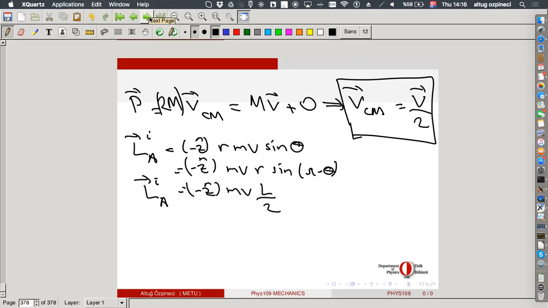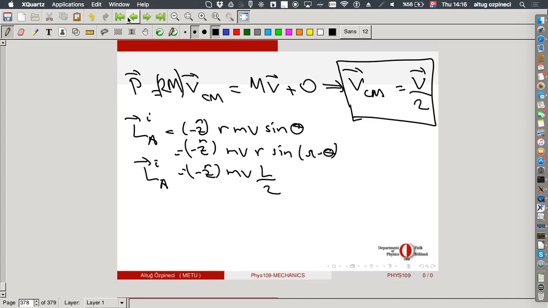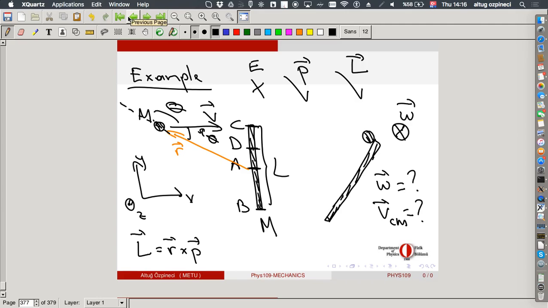Now let's look at the final angular momentum relative to the point A. Remember, once you choose the reference point, it stays there. It doesn't move with your object.